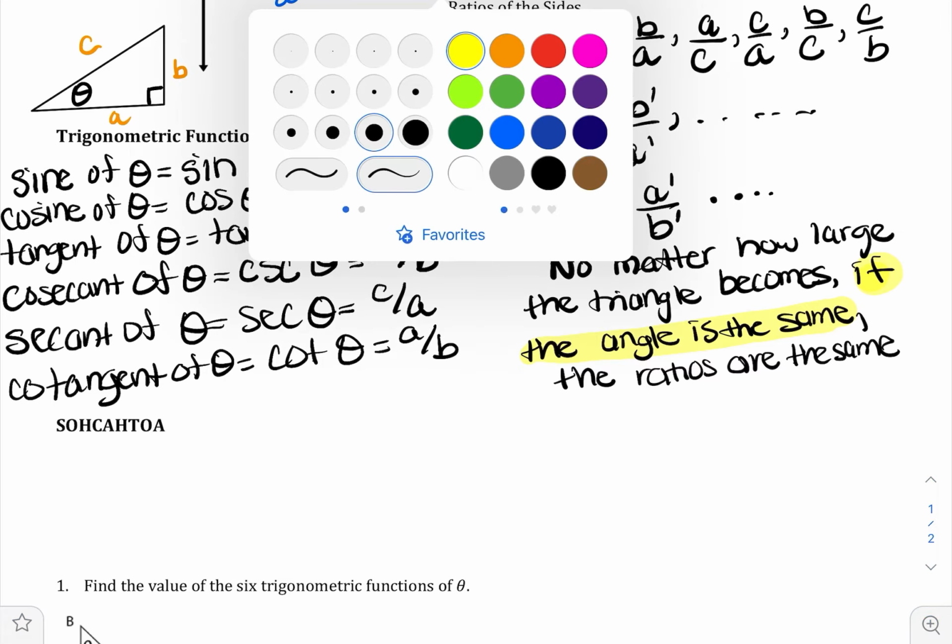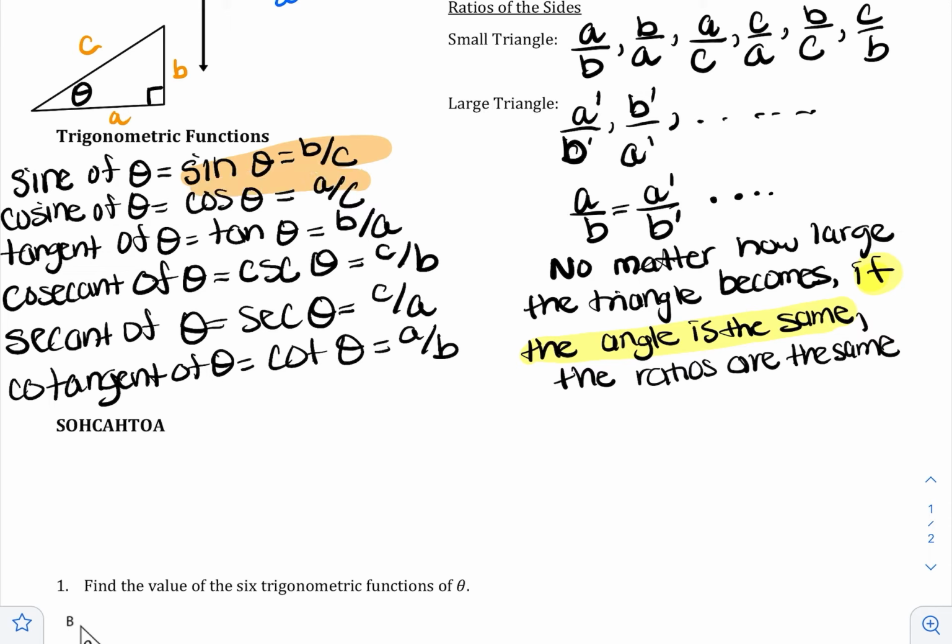So here it is. Here is what you're going to be studying for the next few months. Here are your 6 trigonometric functions. 6 ratios. Now, the most common thing I see, especially at the beginning, is that people write the trig function without the angle. It makes absolutely no sense.